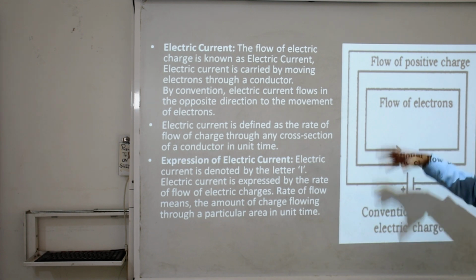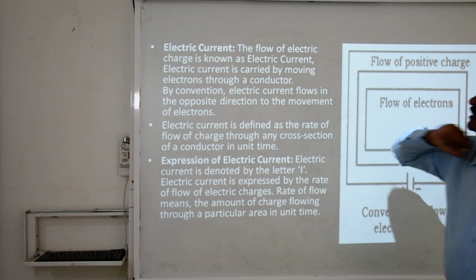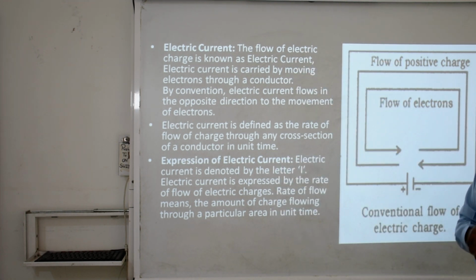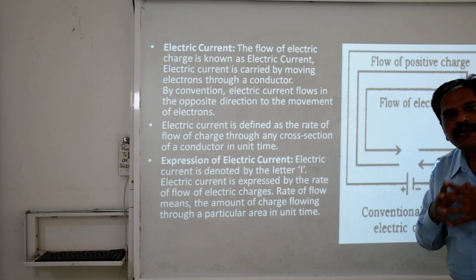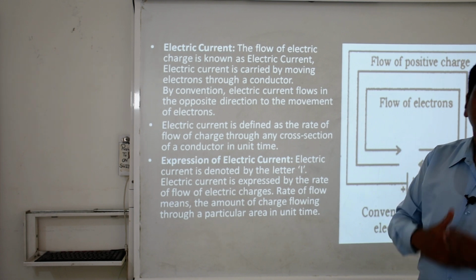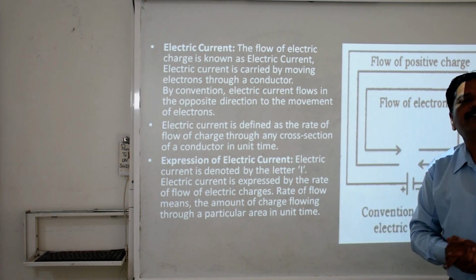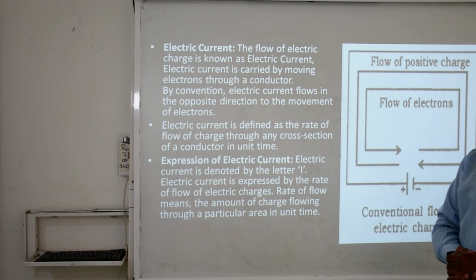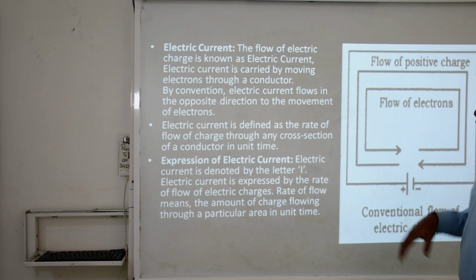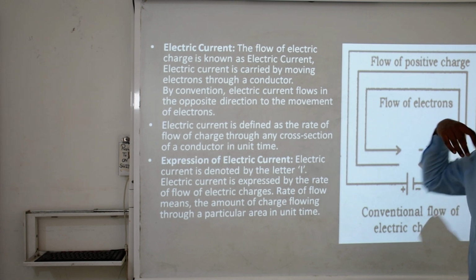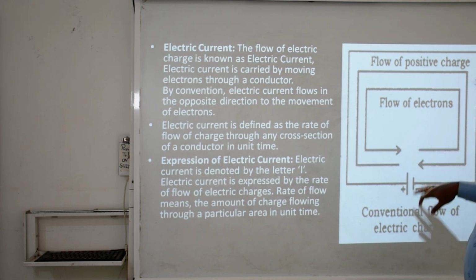So remember, as we discussed earlier, the basic fact: the direction of the electric current is always opposite to the direction of the flow of electrons, clear. So if these electrons are moving from cathode to anode, then the direction of the electric current will be from anode to cathode, okay.